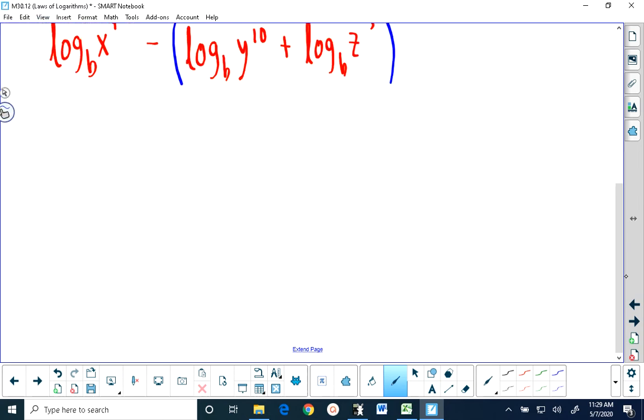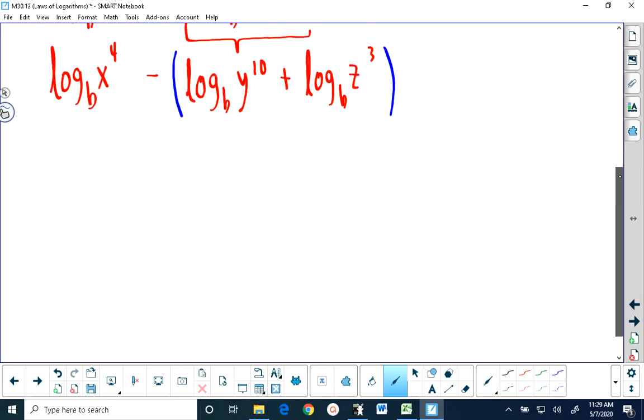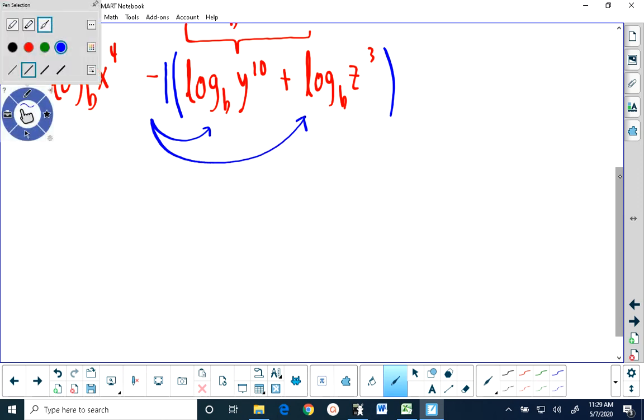Now what happens here, and I'm leading up to the shortcut, is we can take the -1 in front and multiply it by each of these logarithms and end up with the following statement.